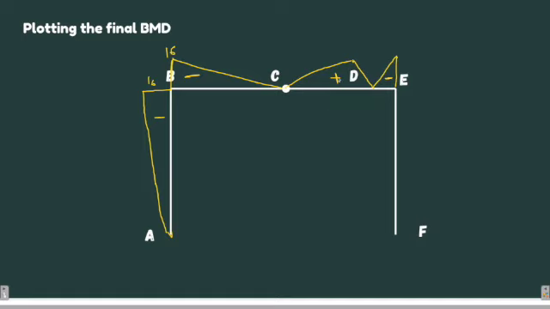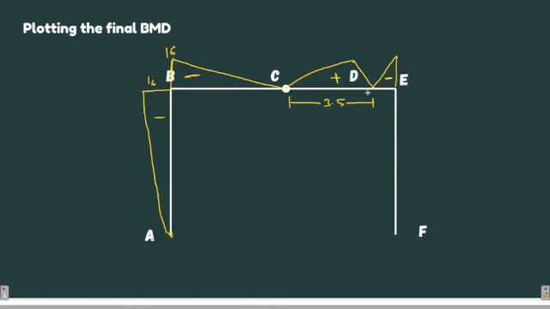That means there is compression on the outer portion, and after that there is tension. This was 1.5 meter from D, and C to D was 2 meters. So in total it is 3.5 meters. So you should mark 3.5 meters over here.